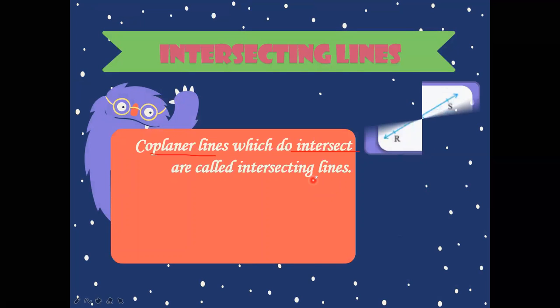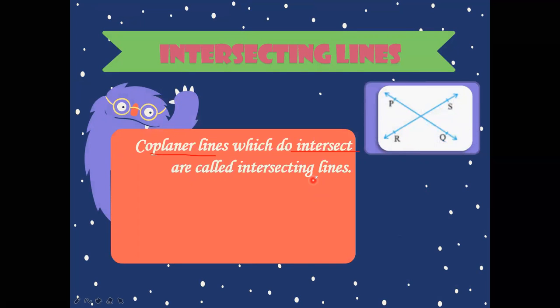For this, let's consider this figure. In this figure, the first line is PQ and the second line is SR. As you can see, these two lines lie inside a box, so these lines lie on one plane.